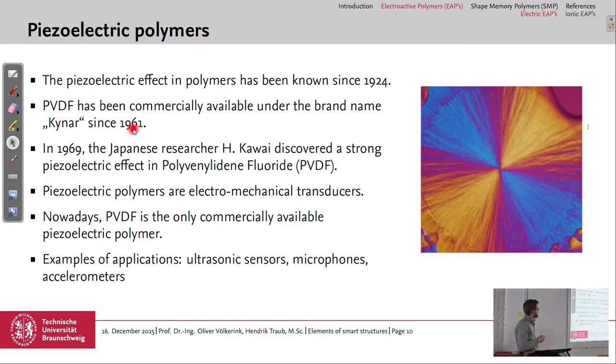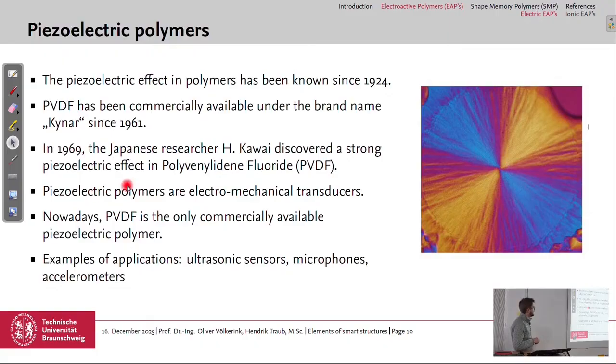And it's commercially available under the brand name Kynar since 1961. And in 1969, the Japanese researcher Kawai discovered a strong piezoelectric effect in the material. So it was first commercially available, and then 8 years later, this piezoelectric effect was discovered. PVDF stands for polyvinylidene fluoride. I don't know, that's at least the German spelling.